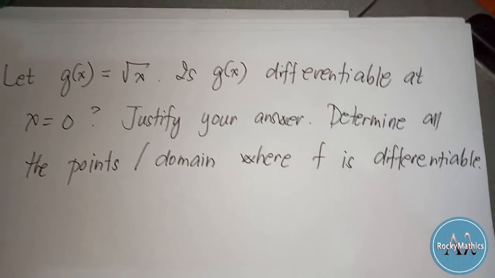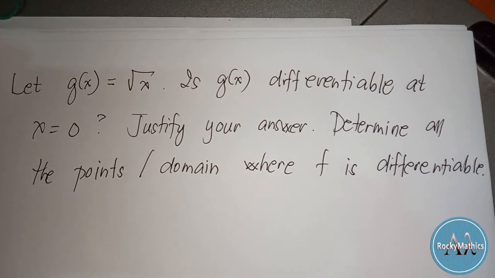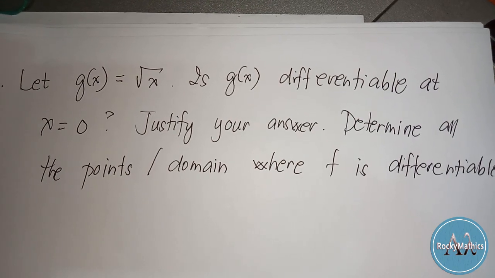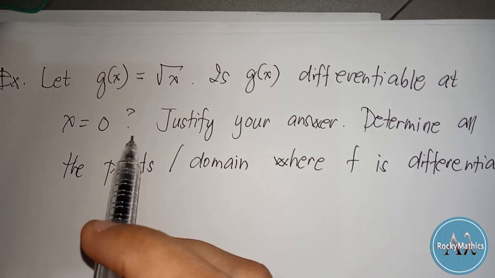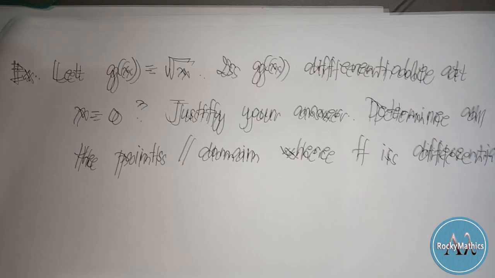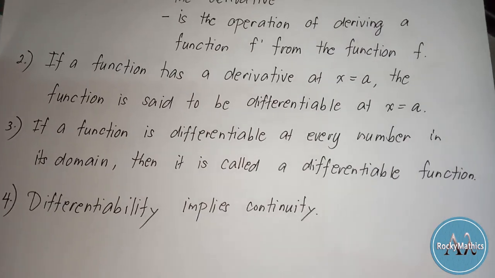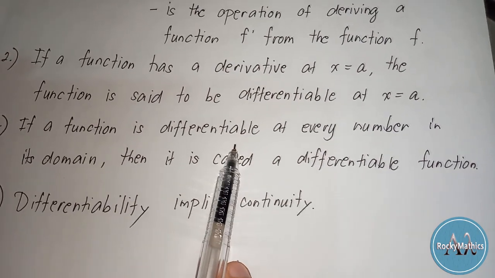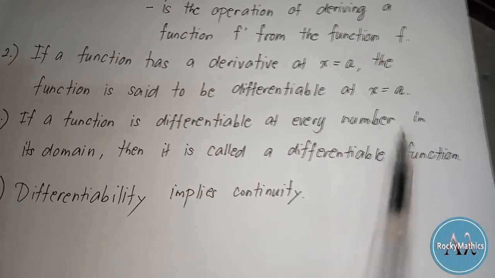Now, in the previous topic, we discussed the formula for finding the derivative using its definition. So in solving this problem, let us first use the formula for finding the derivative, because if we go back to the important remark, we can say that a function is differentiable if the derivative exists at x is equal to a.